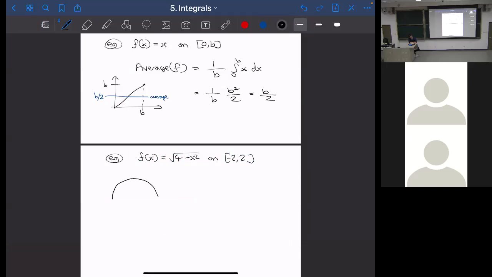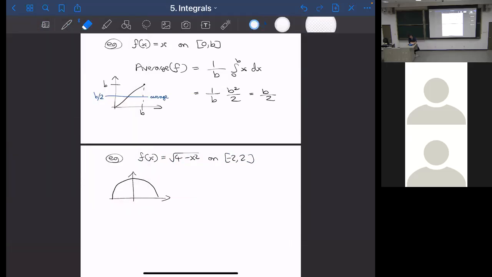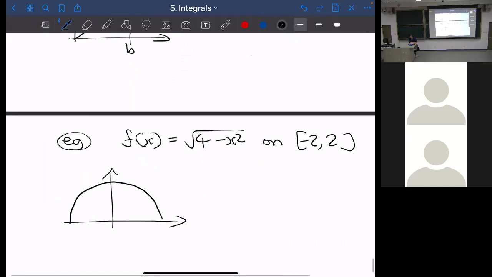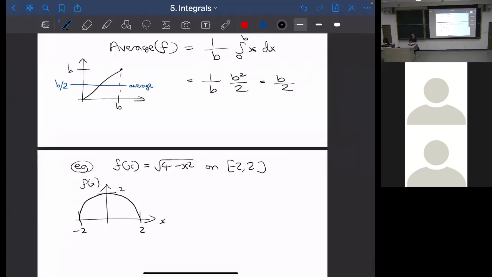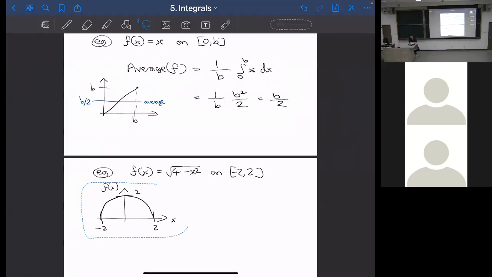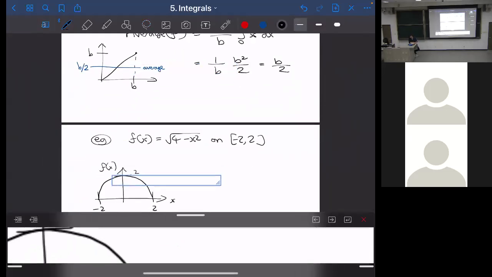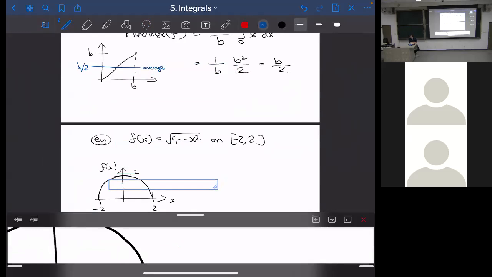It's half of a circle. And we know the area here.